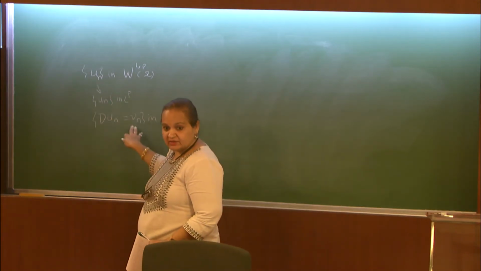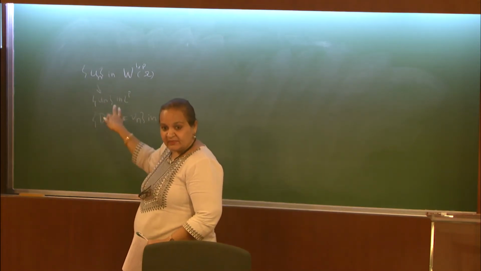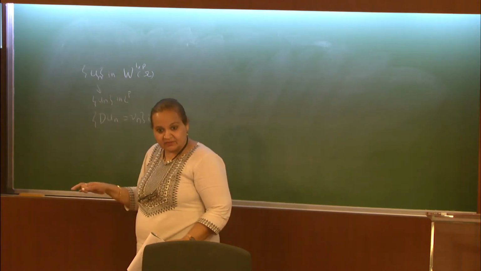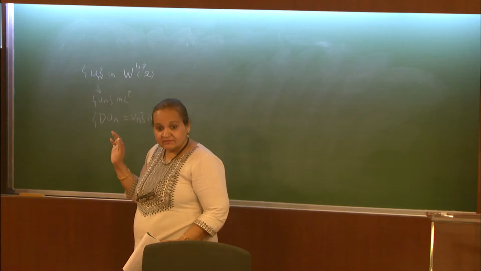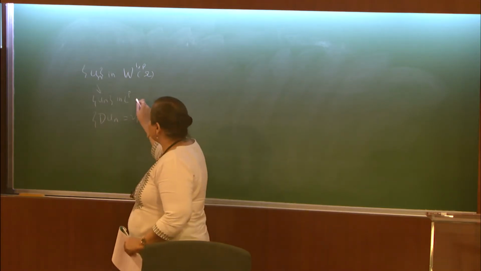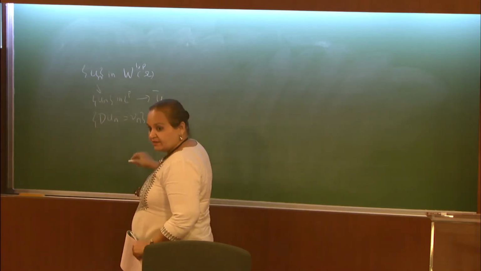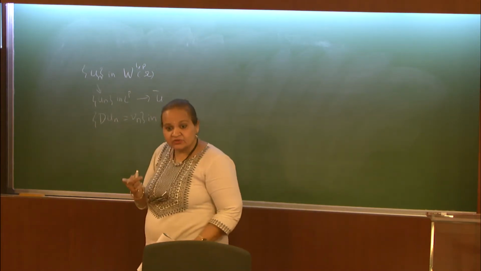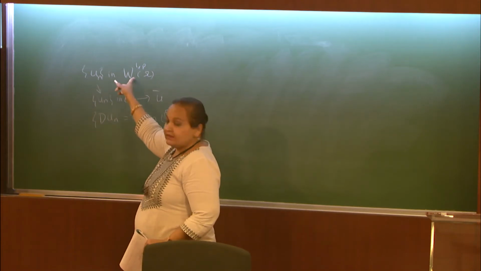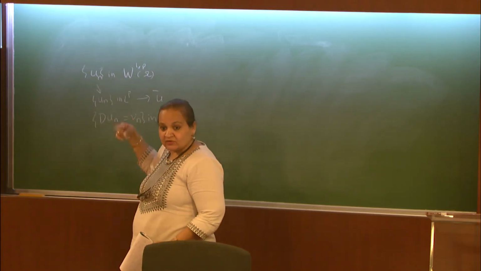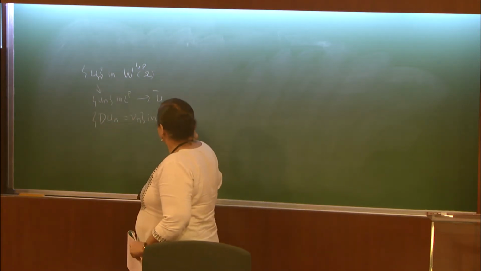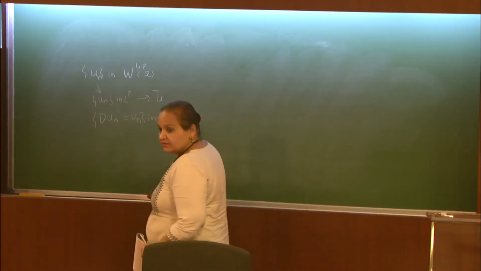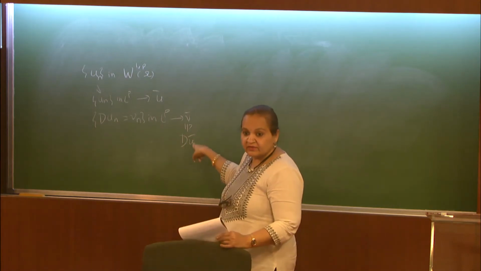So I am having two Cauchy sequences in L^p space. L^p space is a Banach space, it's complete, so every Cauchy sequence is convergent. So I will get that this converges to u bar, this converges to v bar, but I want to show convergence in my W^{1,p} norm. That also means that I need to show that this v bar is equal to the weak derivative of u bar.